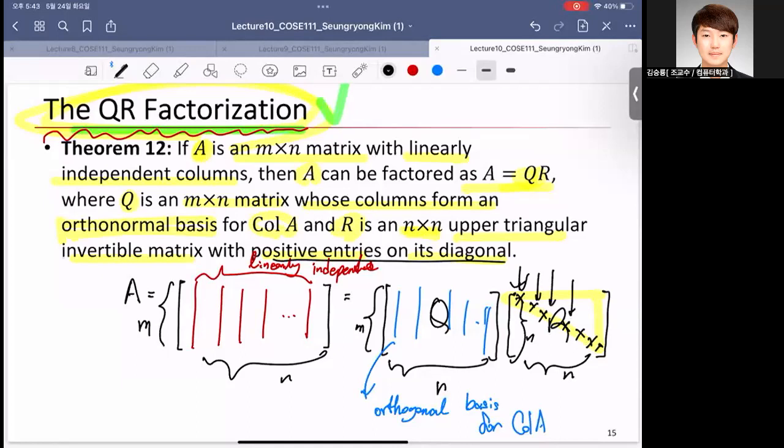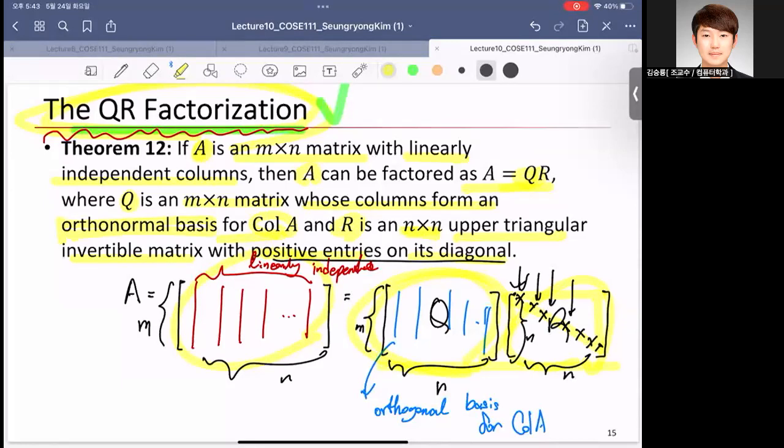In other words, any arbitrary matrix A with linearly independent columns can be factorized into Q and R, where Q is an m by n matrix whose columns form an orthonormal basis for the column space of matrix A, and R is an n by n upper triangular invertible matrix with positive entries on each diagonal.